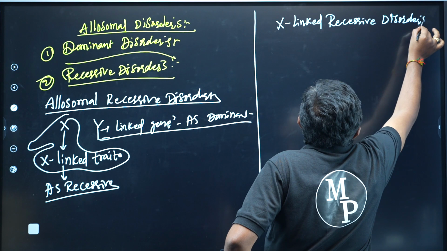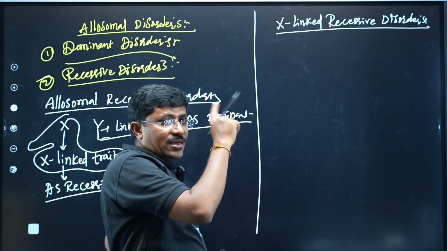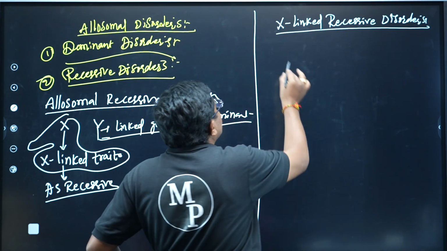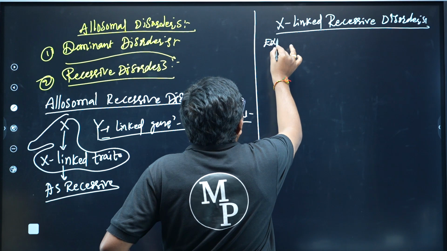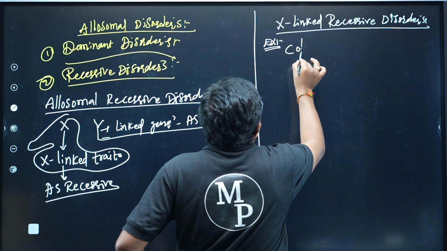X linked recessive disorders. I'll write some X linked recessive diseases. Some examples are there here. Okay, so one is color blindness.